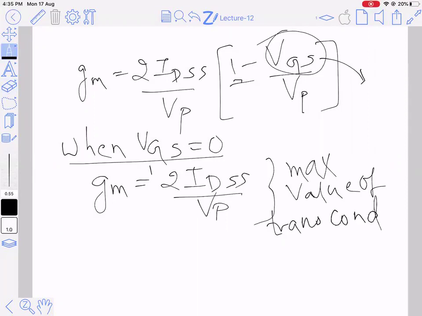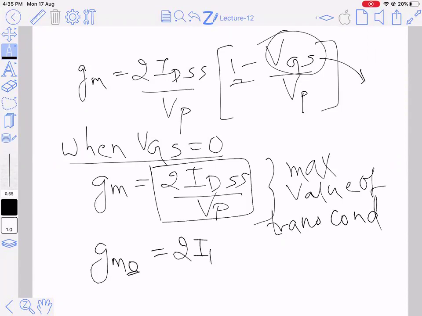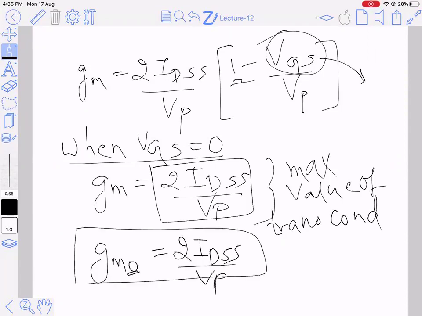And this is denoted by GMO. So GMO is nothing but 2 IDSS by VP. GMO is the transconductance when VGS is 0. Is this clear?